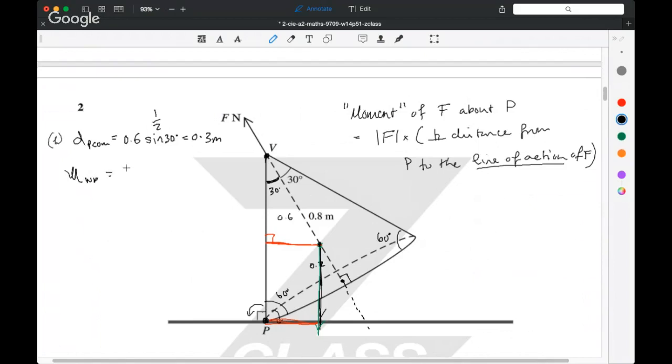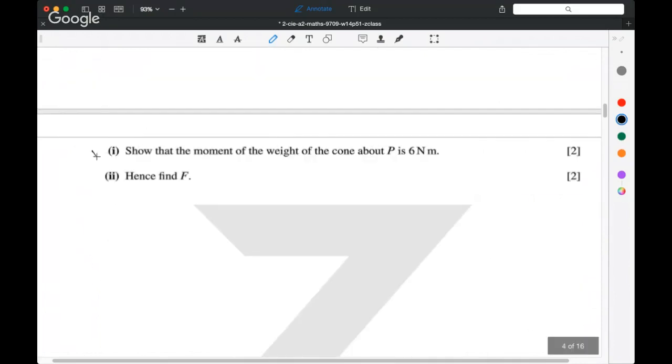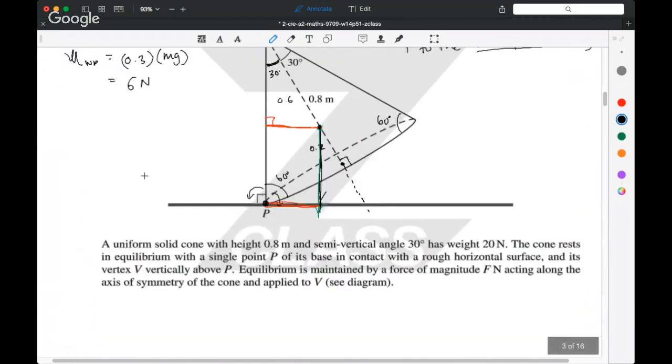Well, that's just equal to this distance, 0.3, times the magnitude of the force, which is just mg, which is 20. So the whole thing is 6 newton meters as required. So that's done. Or 6 newton meters, sorry, because it's a moment, not a force.